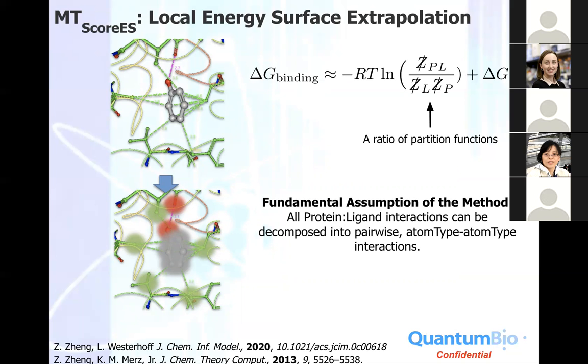This is based on a fundamental assumption of the method that every protein-ligand interaction could be decomposed into a pairwise atom type to atom type interaction. You can think of this as analogous to an Amber potential, or the GARF potential, or whatever potential you're using. Every atom to every atom is one type to another type.